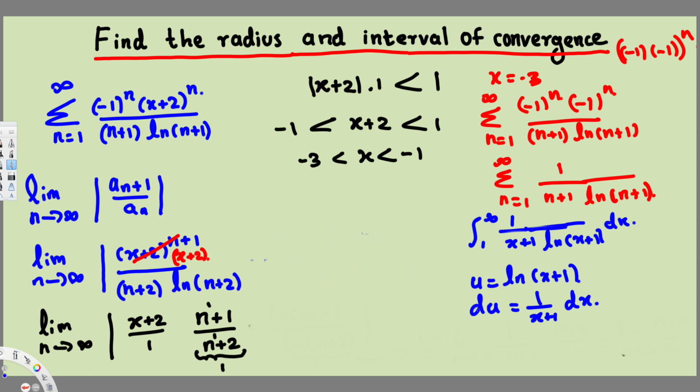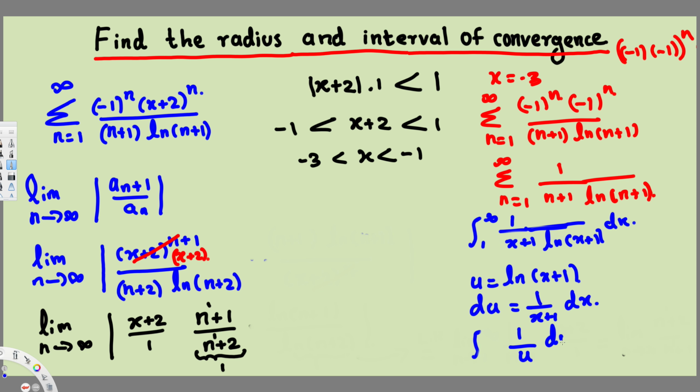going to be u. So the integral is going to be the integral from 1 to infinity of 1 over u. So 1 over u, and then we have 1 over x plus 1 dx.